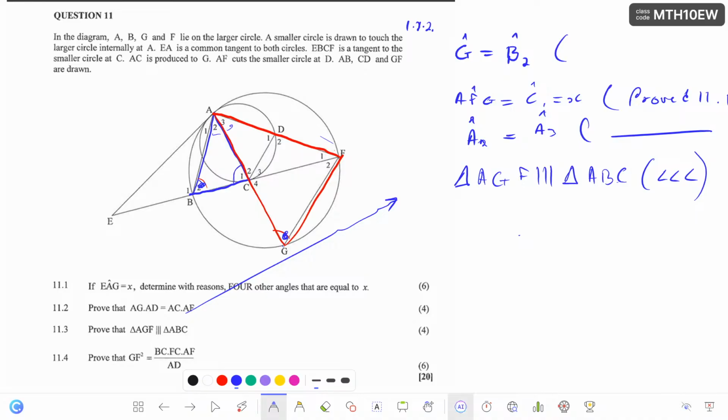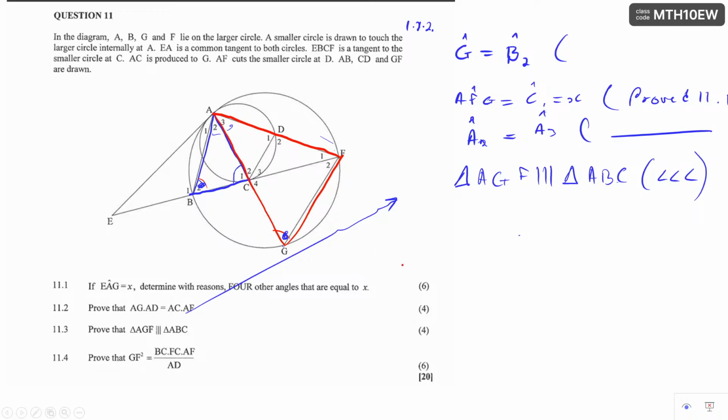This one. Now they said prove that GF squared is equal to BC times FC times AF divided by AD.